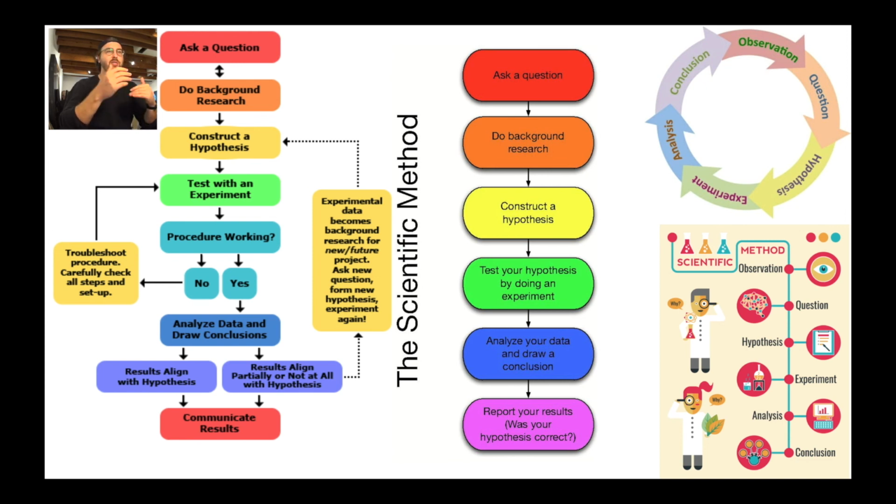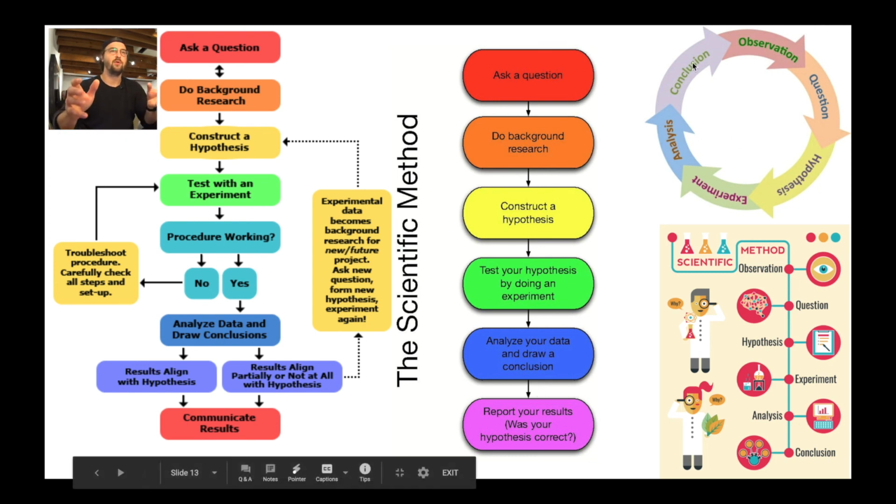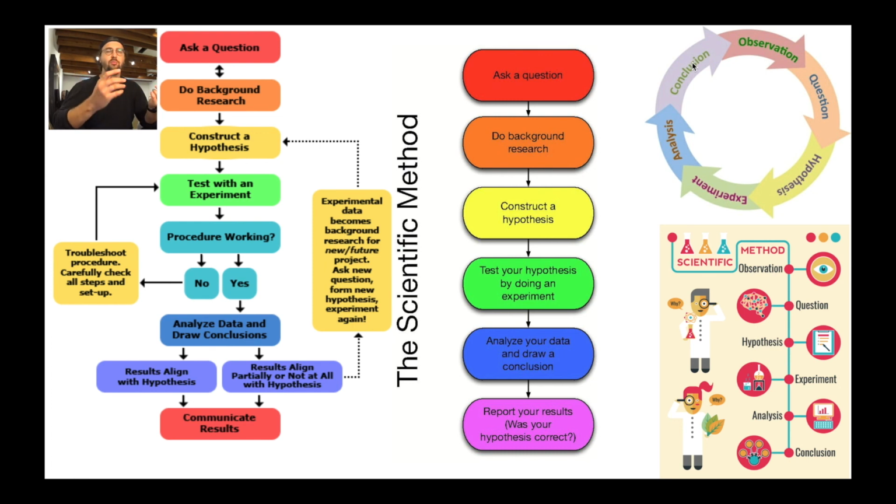So if you see those two things, question, we got question here, here, here, and here, and then you also see conclusion, conclusion, conclusion, conclusion. If you see those two things, question and conclusion, you're probably looking at the scientific method, no matter what the other stuff is in here.